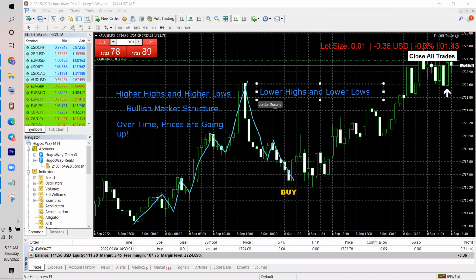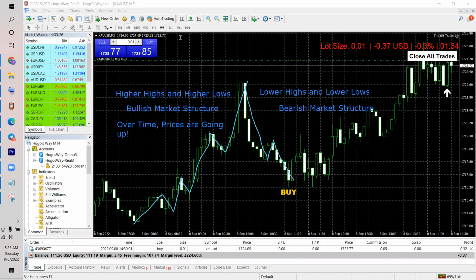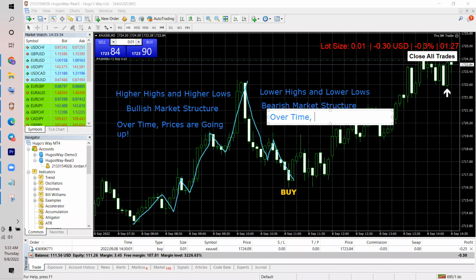That's what's considered bearish market structure. And all this fancy terminology, to make a long story short, all we're seeing is that over time, prices are going down.